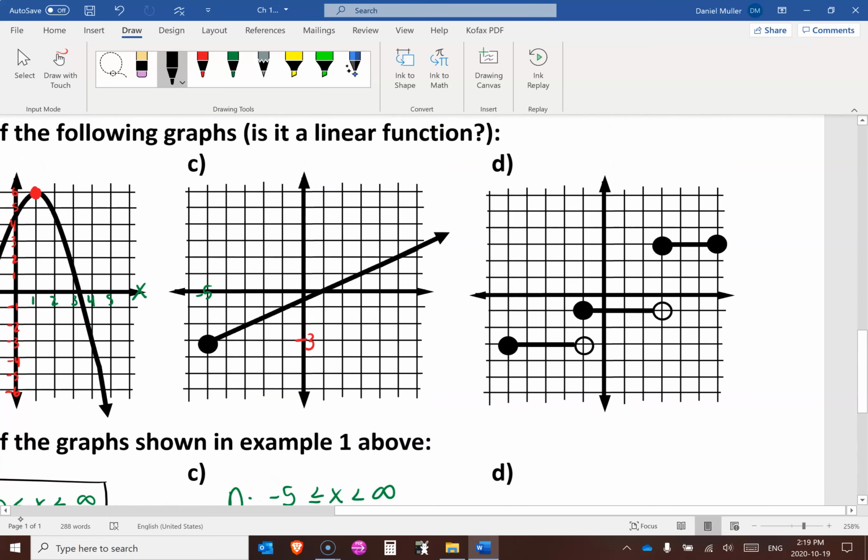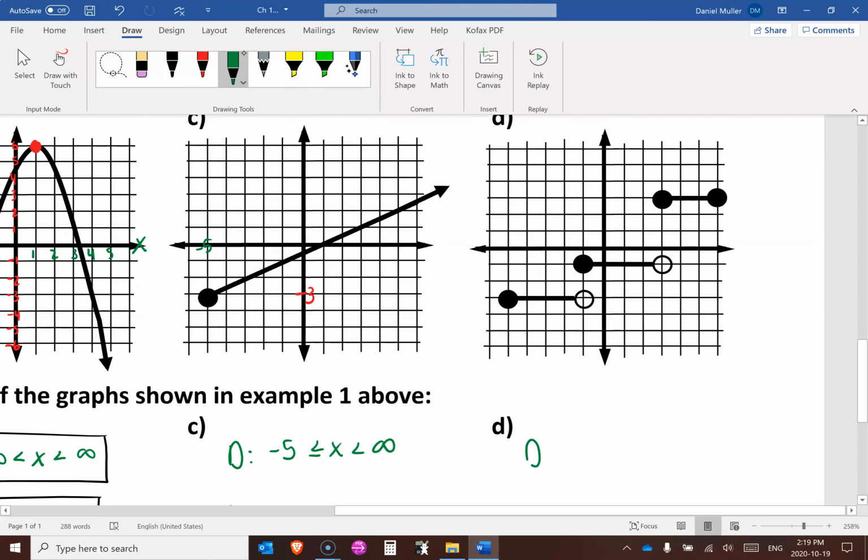Okay. So I want to take a look at how, for my domain, my D, how far to the left does this drawing go? And it looks like my furthest is here, and it is filled in, so I'm going to do that. It's a filled in circle, so I'll put a little line. 1, 2, 3, 4, -5. So -5 is where I start. -5, and I go all the way to -1, and I don't actually equal -1.